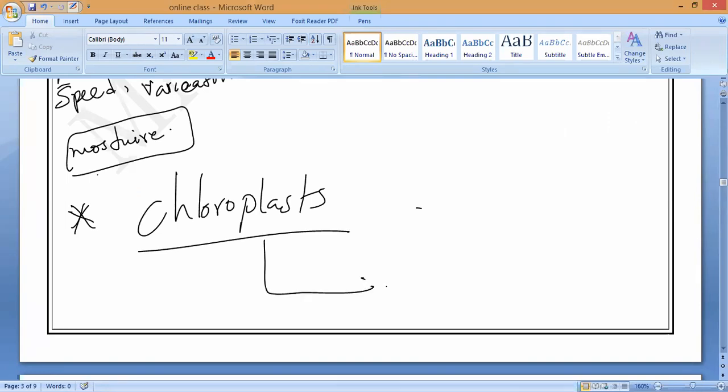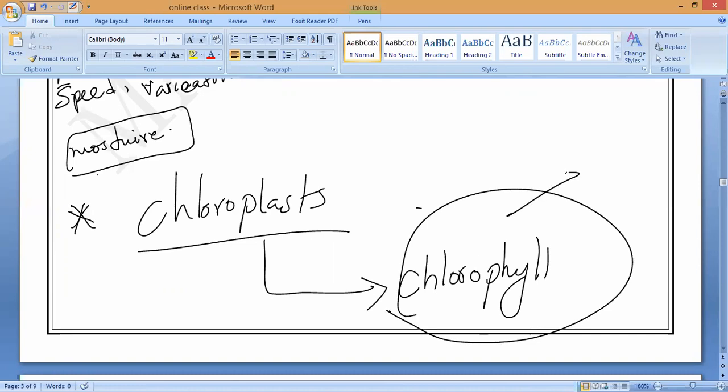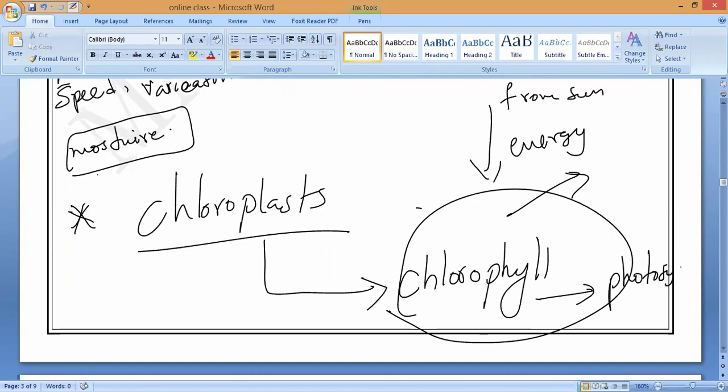Chloroplast contains chlorophyll, which will absorb the energy from the sun, and it will involve a main chemical reaction called the photosynthesis reaction. Do you understand, all of you?